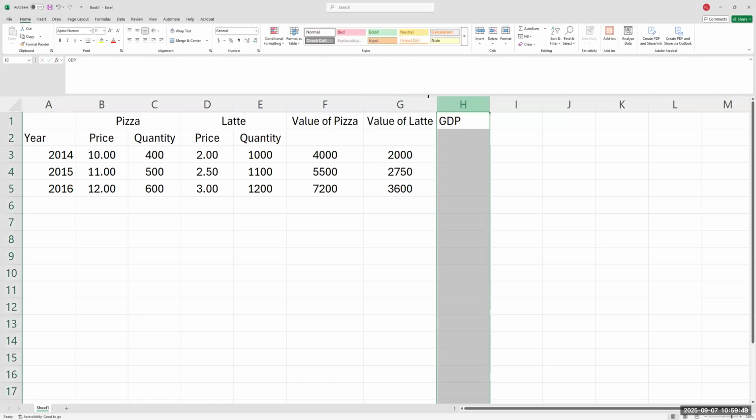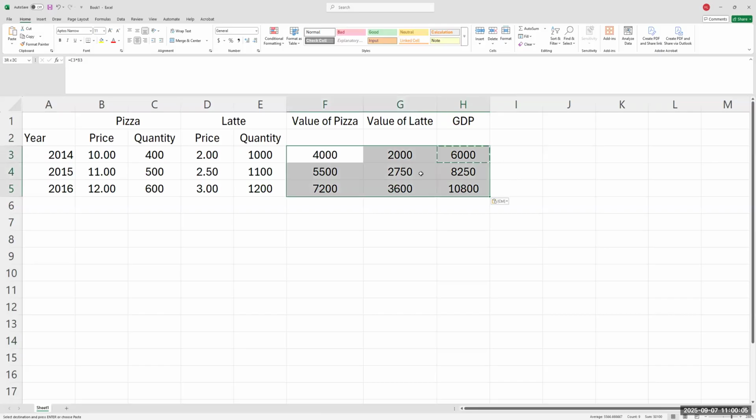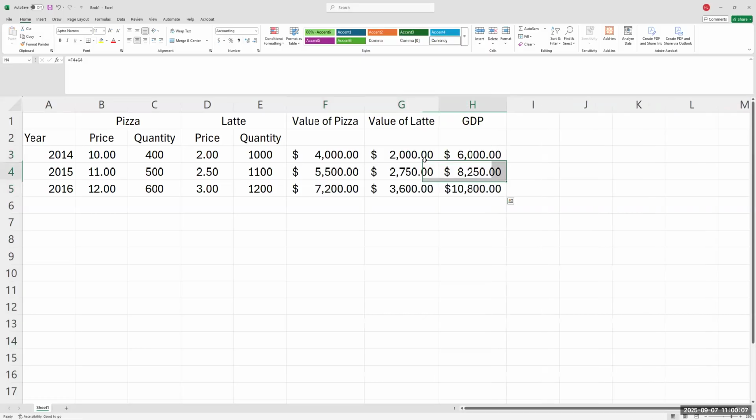Let's say our economy only consists of these two products. So GDP is the sum of these two values. Our GDP in 2014 is $6,000, in 2015 is $8,250, and in 2016 is $10,800.